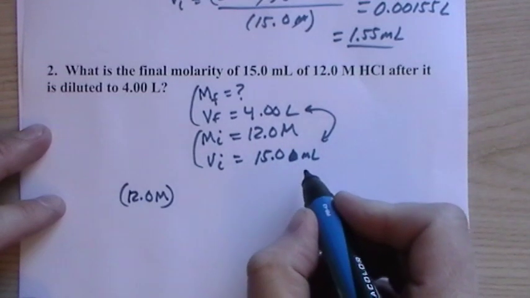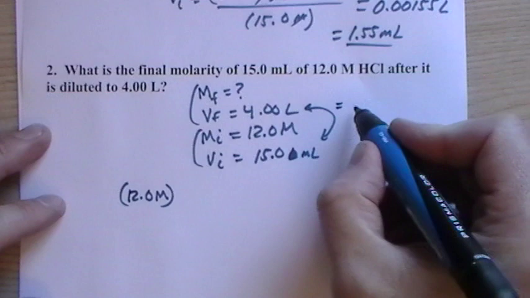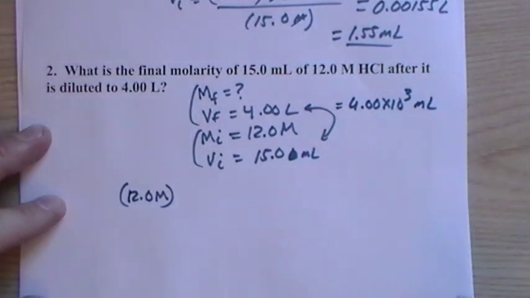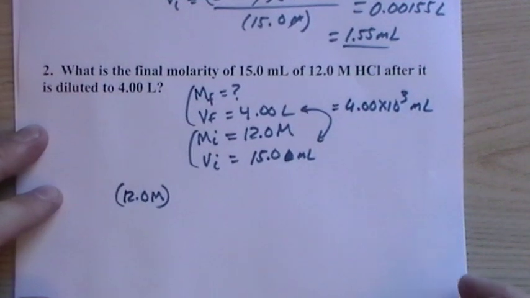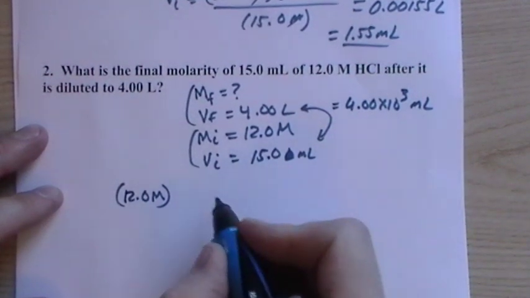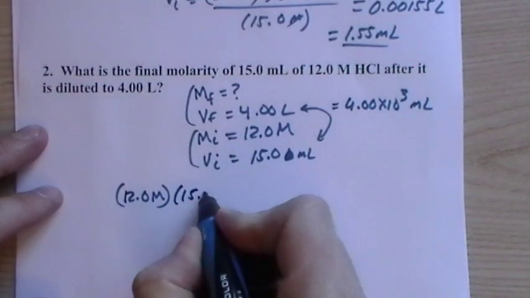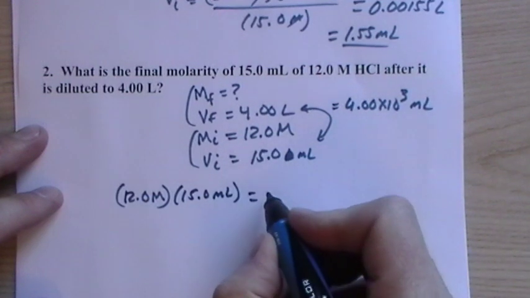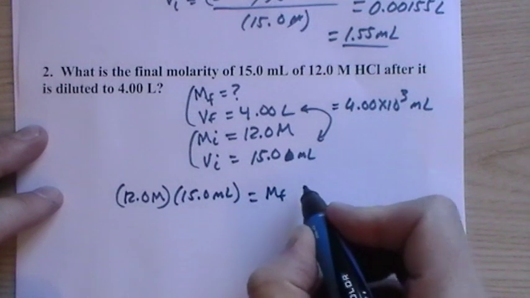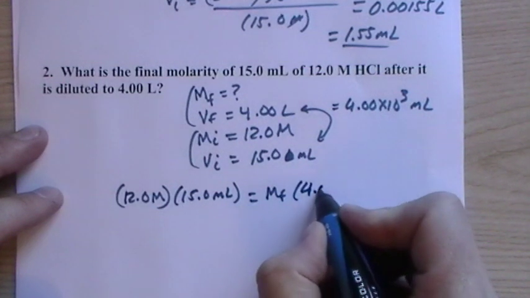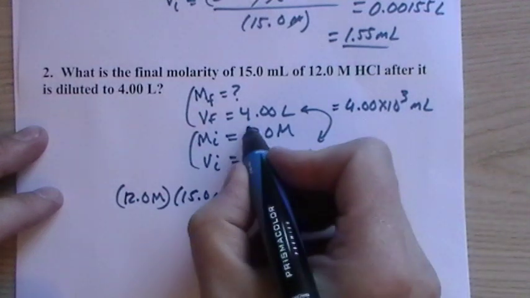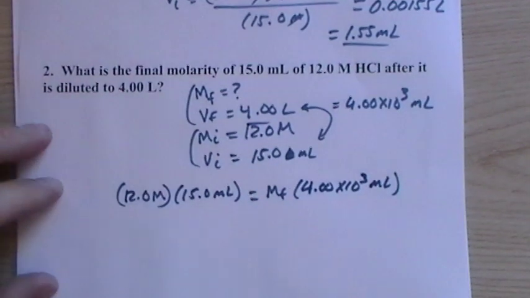So I'm going to convert 4 liters to milliliters, mils, I should say. Then we have 15 mils, 15 milliliters, and then we have MF, unknown, and VF is 4,000 mils. I put it in scientific notation because we only have 3 significant figures.